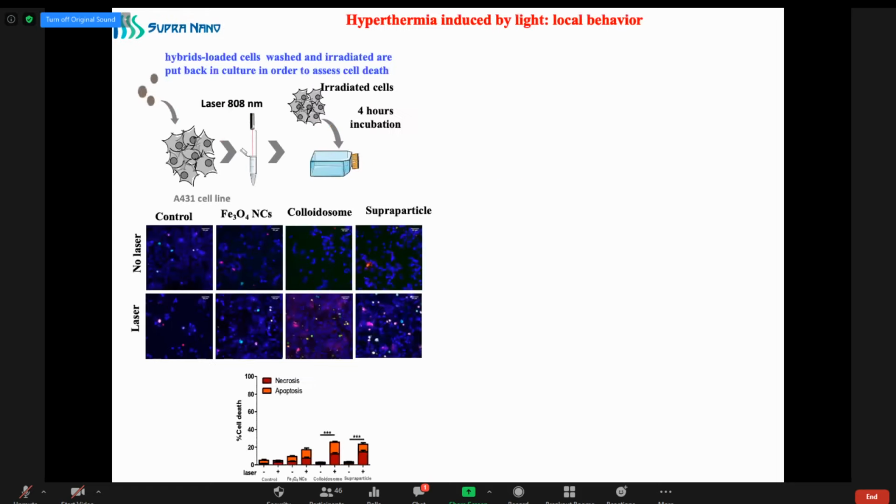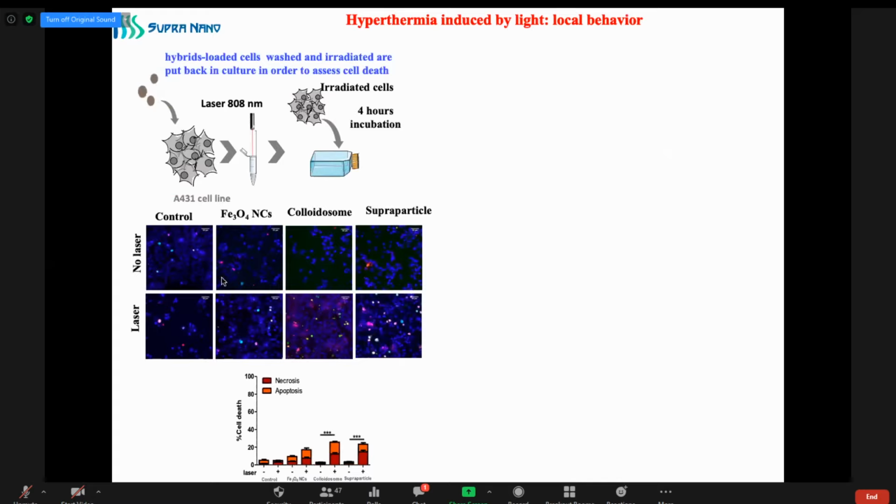And here we incubate the particles, either the particles or the colloidosome or here the supra ball, and we have the control, and then we irradiate the system, and then we let incubate for 4 hours.